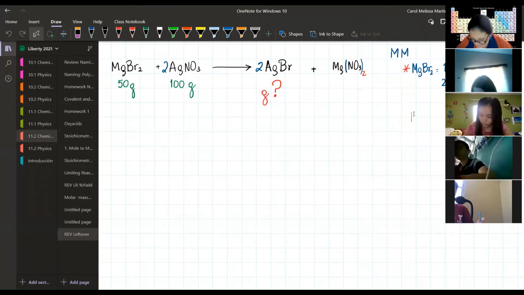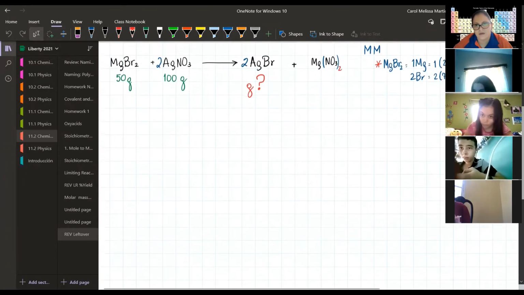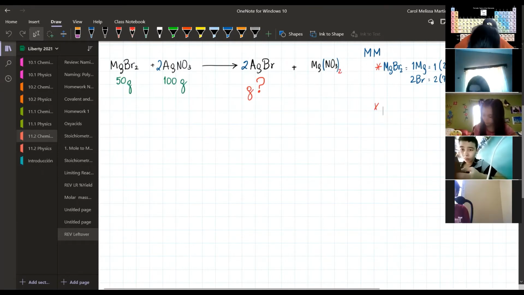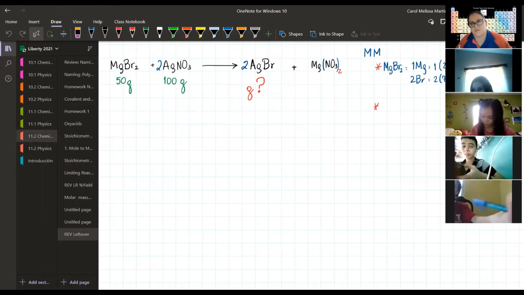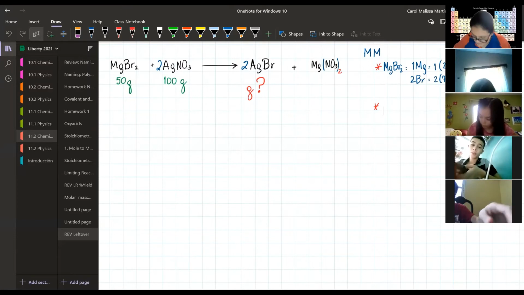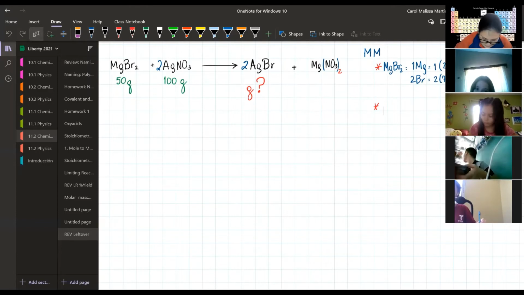How much is this? 184.12, and these are grams over mole.